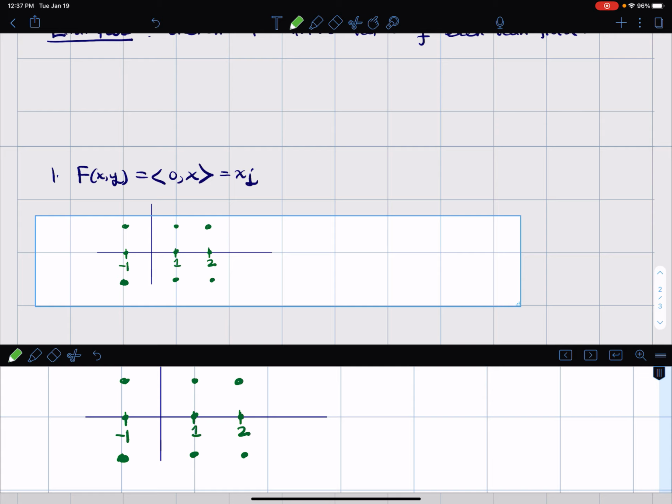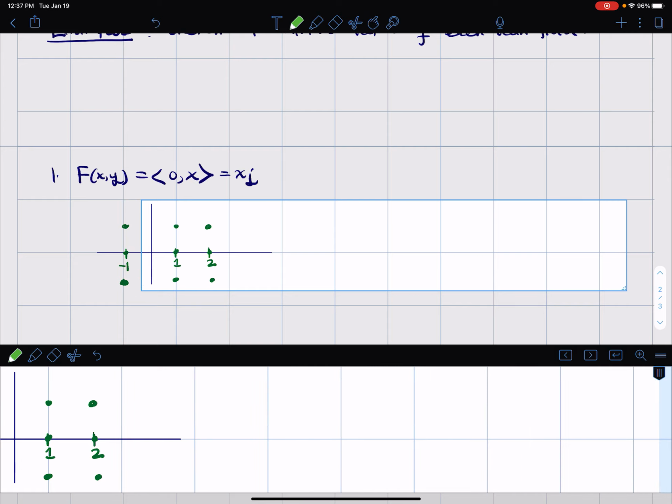So what am I saying? At the point 1, 0, the f we get is the vector 0, 1, 0x, because the x coordinate is 1 here. So this is just 0, 1.